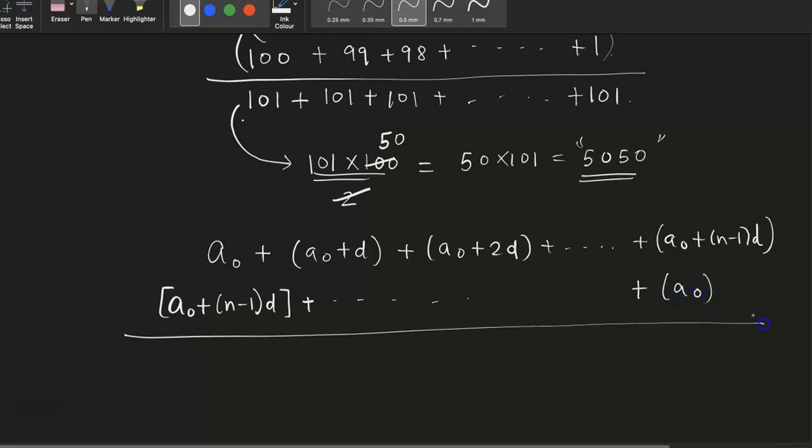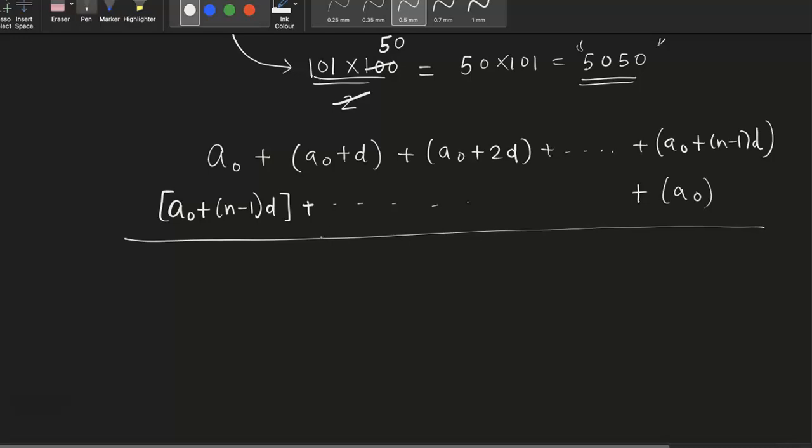Now add these terms. What will it give you? This will add up to 2a0 plus (n minus 1) into d, because a0 plus a0 is 2a0. And all these terms, see, the last term over here is also 2a0 plus (n minus 1) into d, right? Now all these terms are identical, and there are n terms like this.